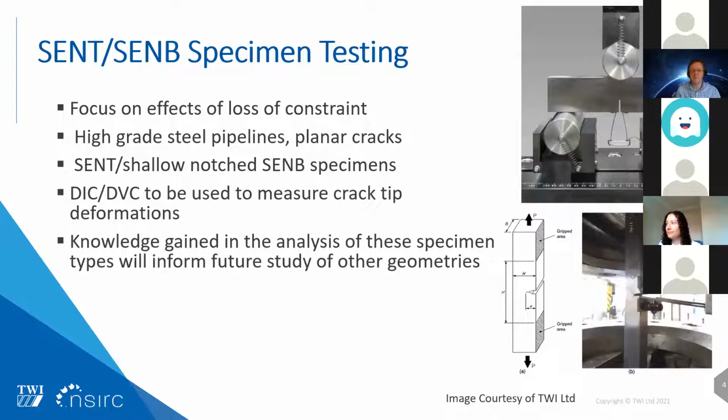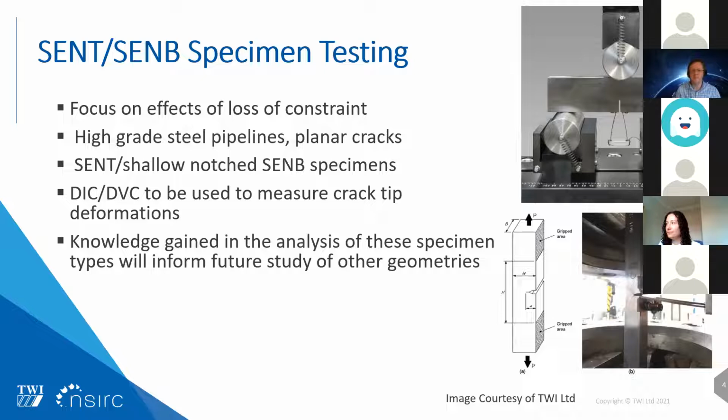And for the experimental plan, the importance of fracture behavior for low constraint cracked structures has prompted the development of more refined defect assessment procedures capable of including the effects of constraint variation on fracture toughness.